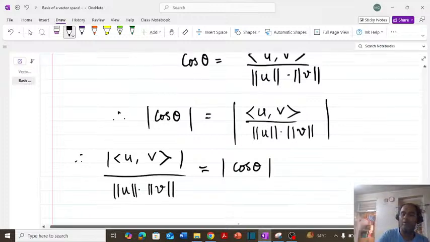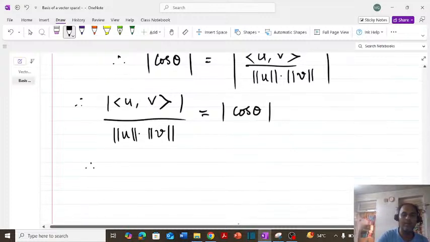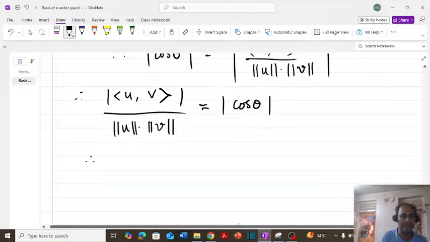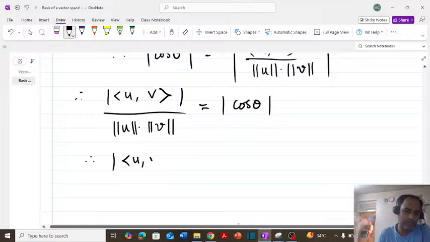Now the modulus of cos theta is always bounded by 1. Yeah, bounded by 1. Its maximum value will be 1. So this is at most 1.